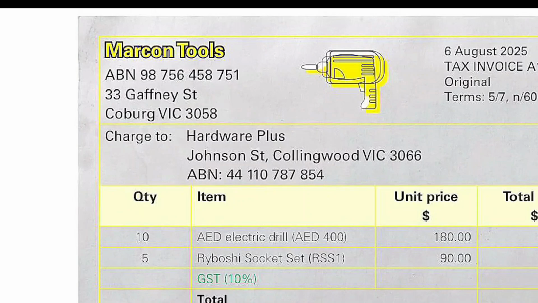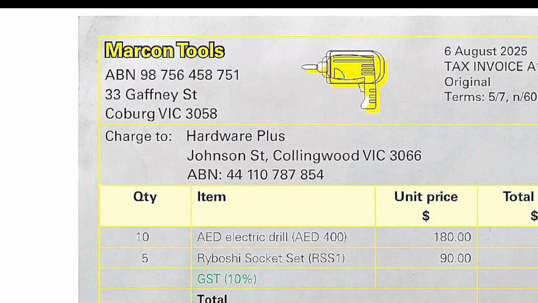Why? Because Hardware Plus also will get this source document. Usually the original source document is given to the customer. Customer is the king. Except in the banks, the bank always keeps the original and gives the copy to the customer.